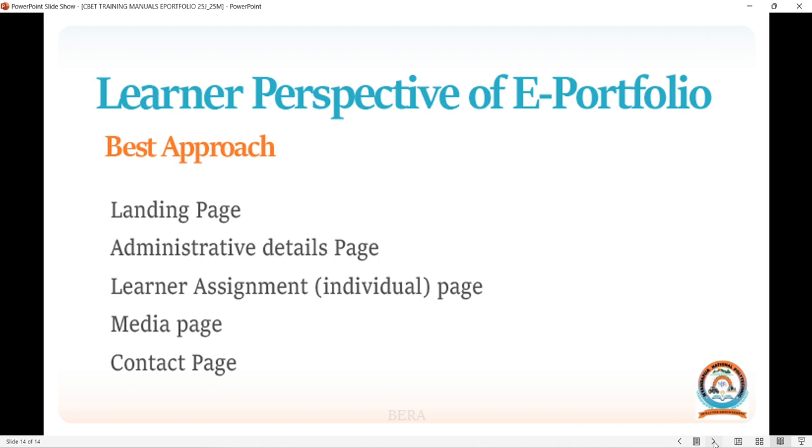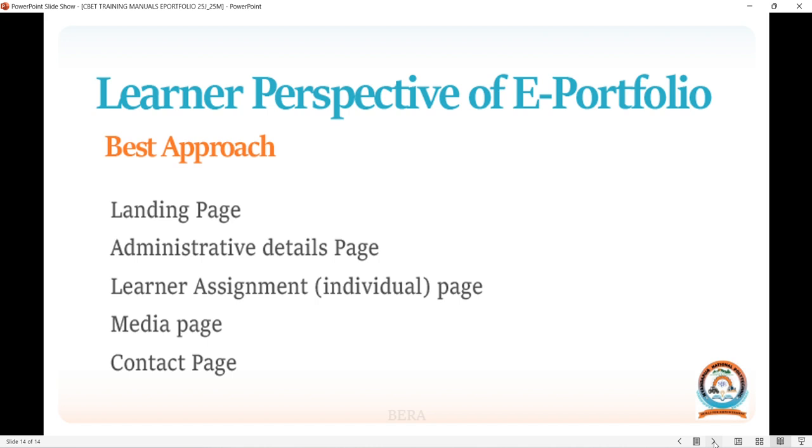For the learner assignment, we are going to have pages under basic units, common units, and core units. I will show you how to add sub pages. Next, we are going to have a media page.